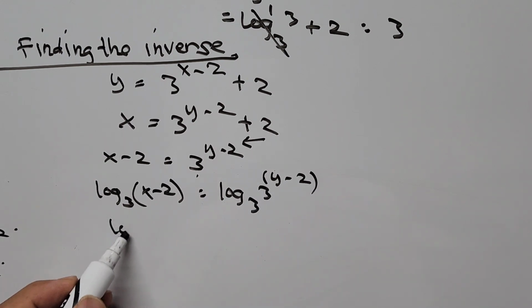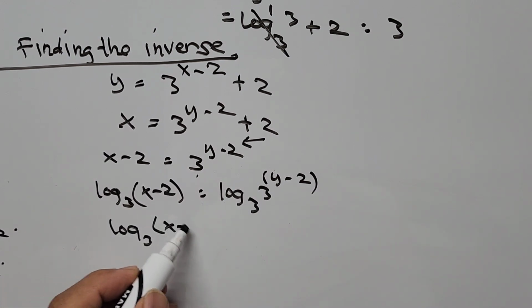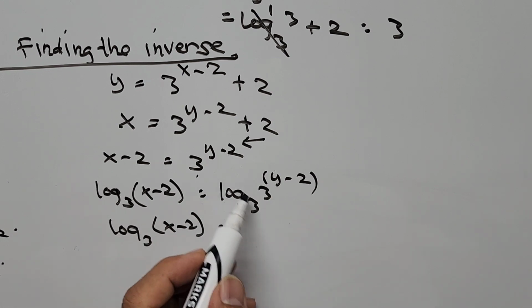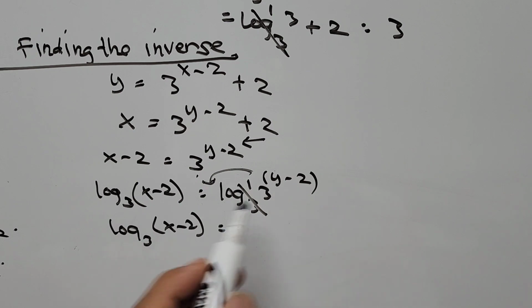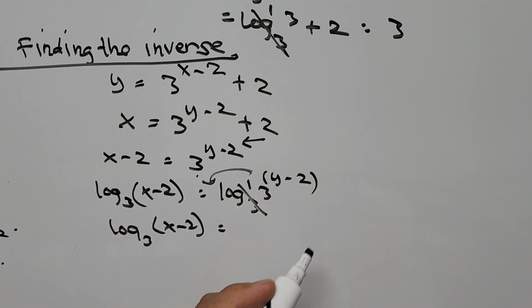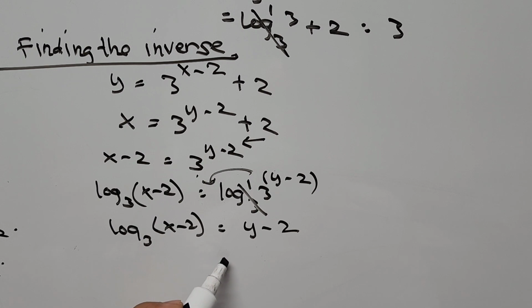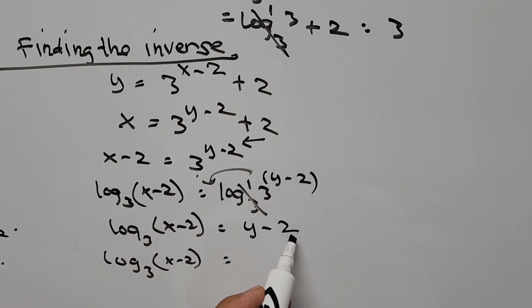So here, log base 3 of x minus 2 equals y, and log base 3 of 3 is 1. So we take down that exponent to be the coefficient, and we end up with just the exponent itself. So y minus 2. Solving for y, that is equal to log base 3 of x minus 2, and then moving 2 to the left, that will be positive 2.